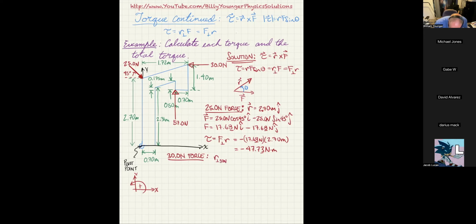30 Newton is equal to, what I'm going to do is try to add my way up to get that total length. And I see that's 2.70. That gets me up to this dot right here. But I need actually to go up to this dot here.